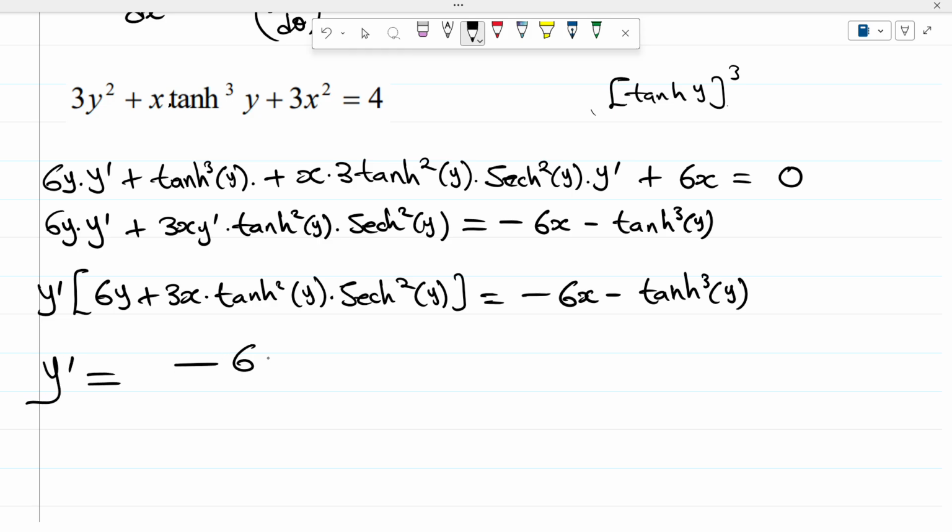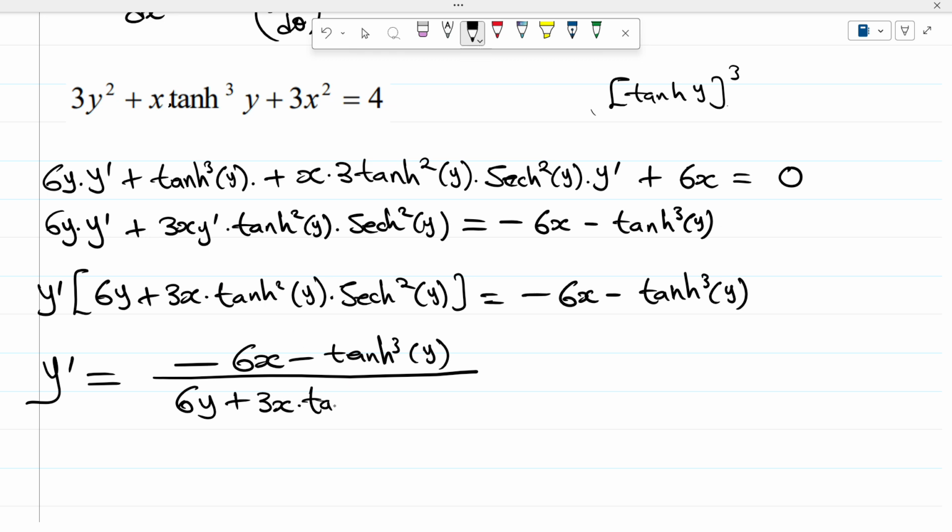So we'll end up getting negative 6x minus hyperbolic tan cubed of y, all divided by what? All divided by 6y plus 3x hyperbolic tan squared of y multiplied by hyperbolic sec squared of y, like this.